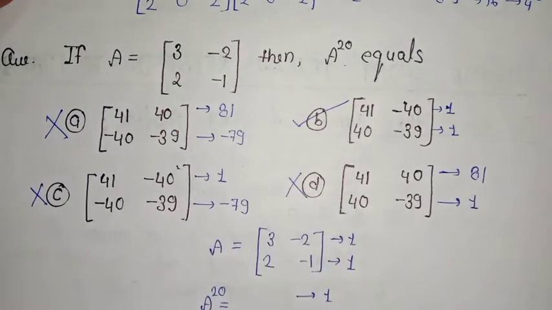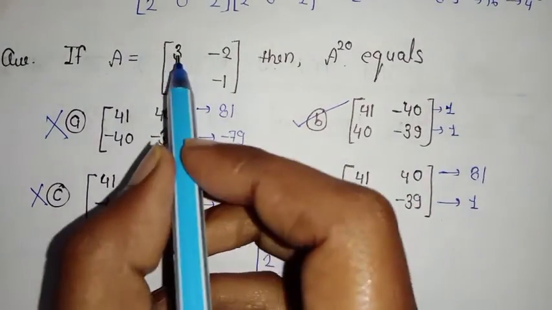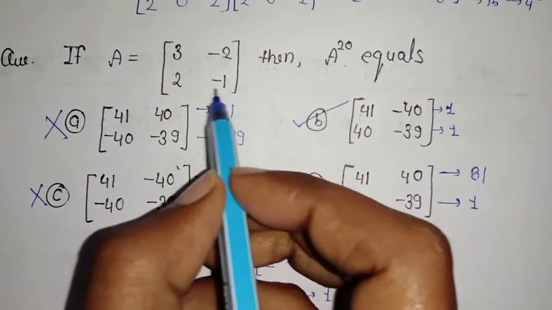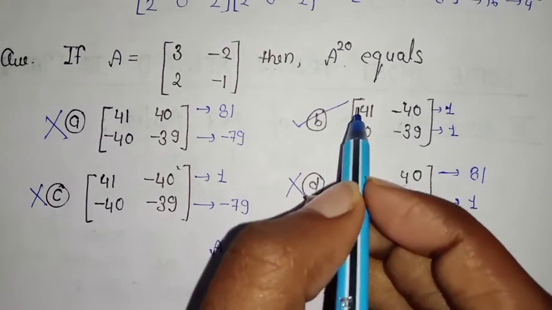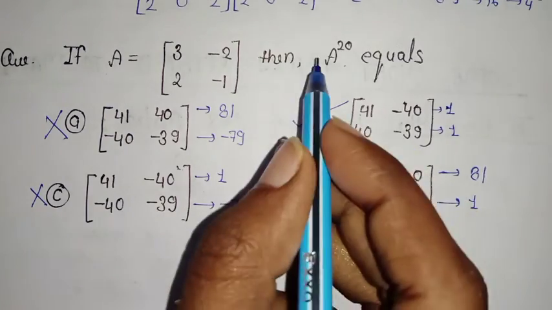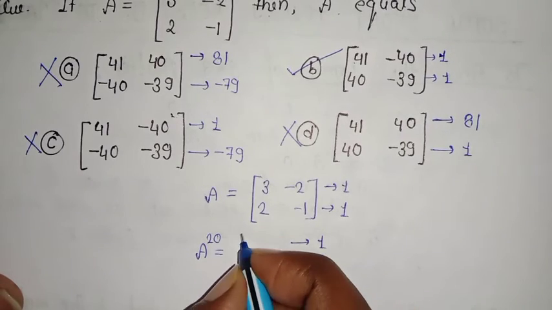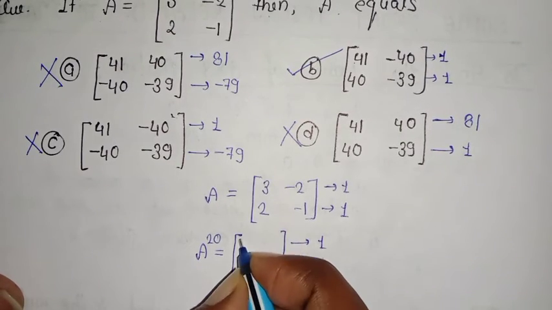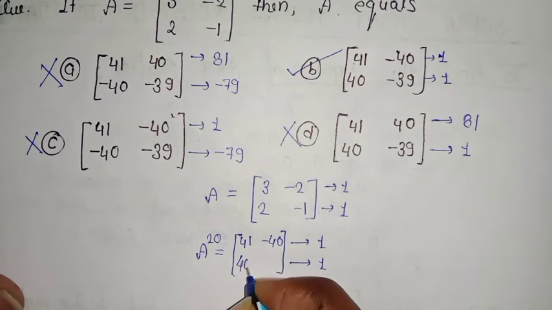So we can easily determine the answer by seeing the row sum of the matrix. Here the row sum in each case is 1, so we try to find the matrix whose row sum is 1, because 1 raised to power 20 is again 1. So we have A raised to power 20 as 41, minus 40, and 40, minus 39.